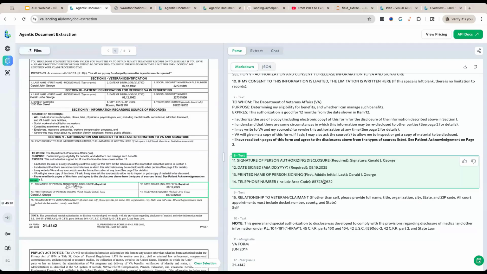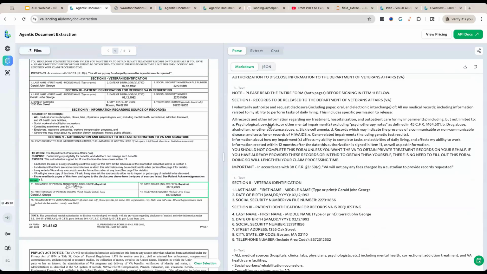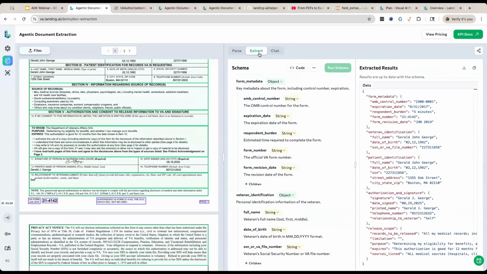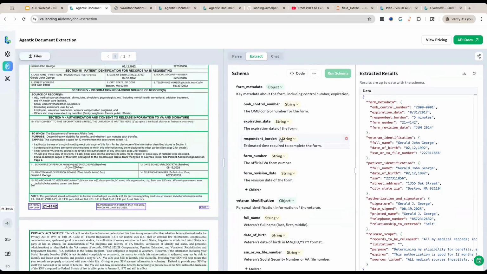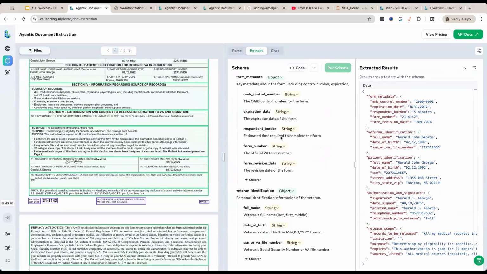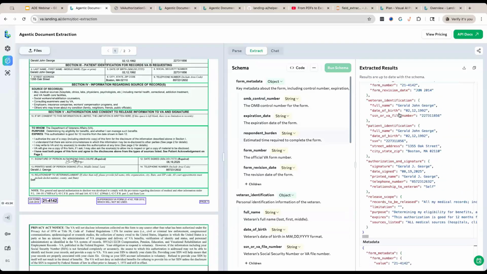But also importantly, you may not have a use case that is informing a full index. You may not need the full payload from the document. So we also have the capability to pull out a specific schema. You can select this schema yourself, or you can use the smart schema, which types and identifies the document itself, and then pulls out what it believes to be important information.